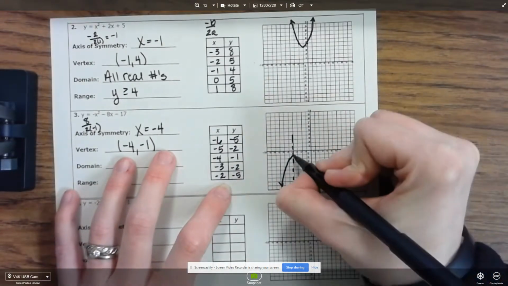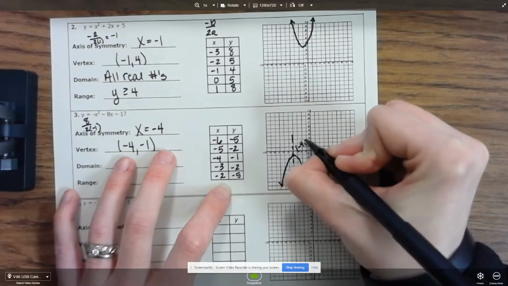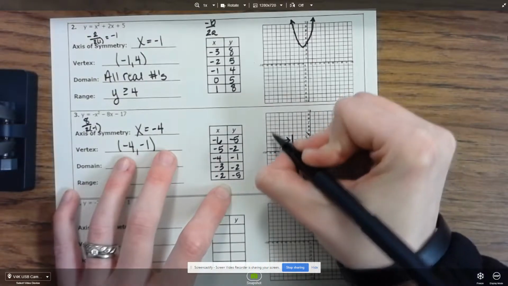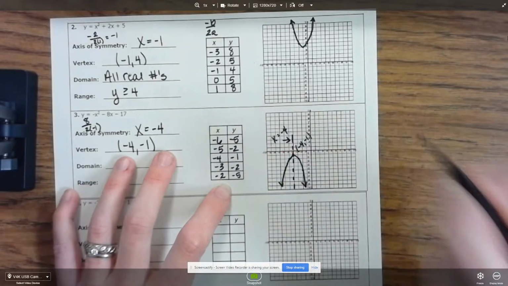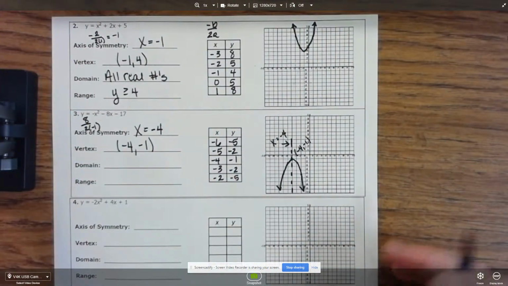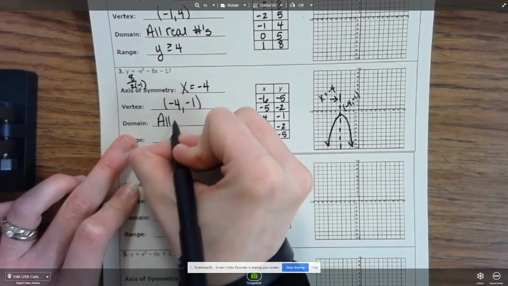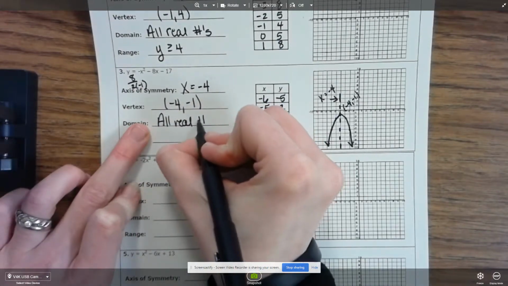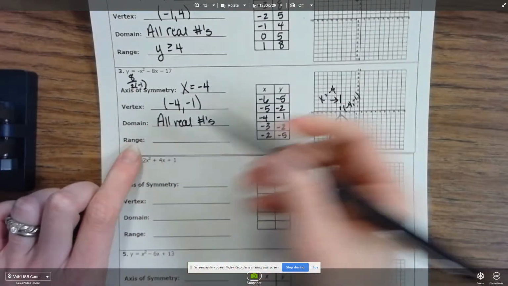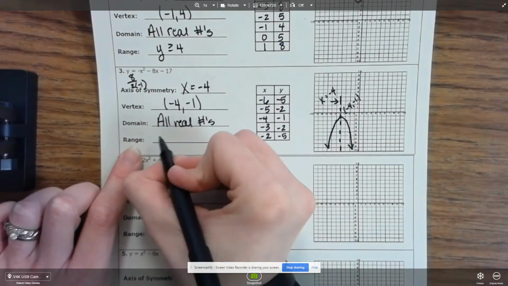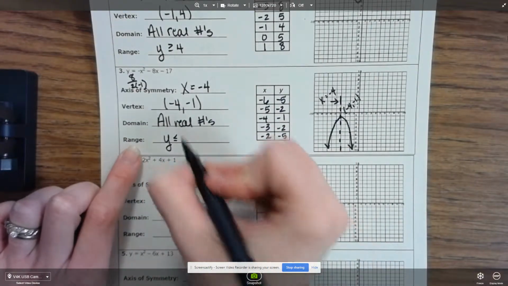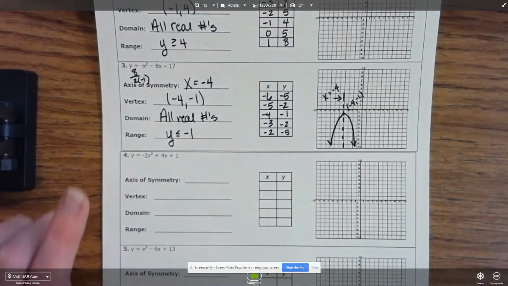You can label your vertex if you wish, and that this line is x equals negative 4, just depending on how much detail you need to put into your graph. So your domain is all real numbers. And then the range, all my y's are less than or equal to negative 1.